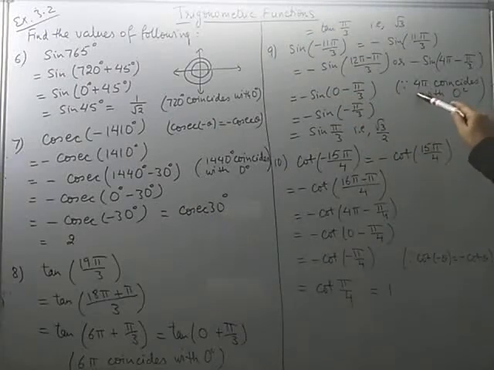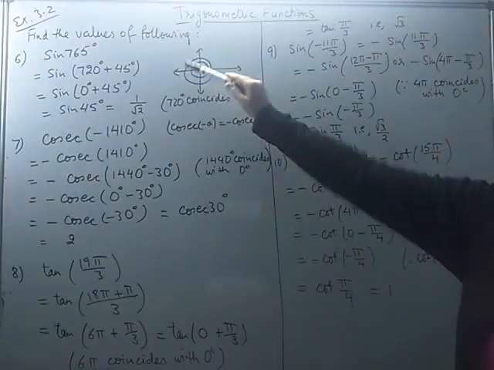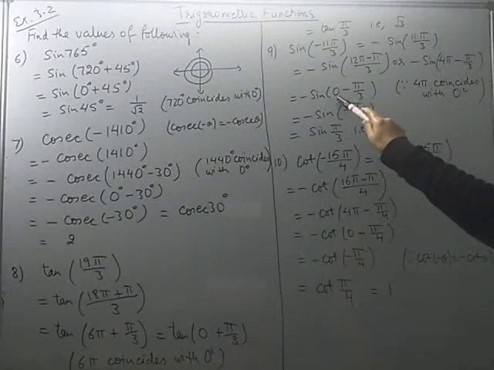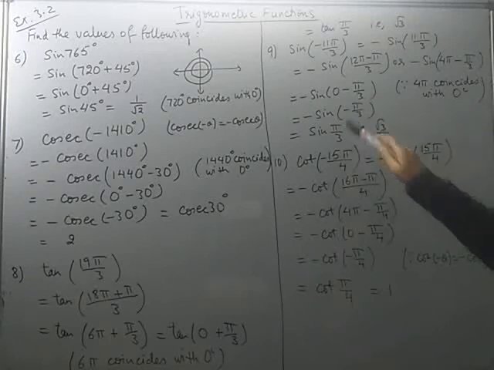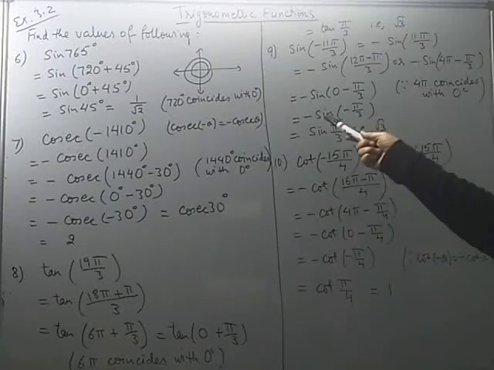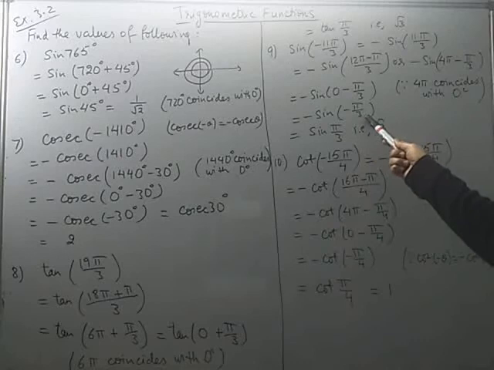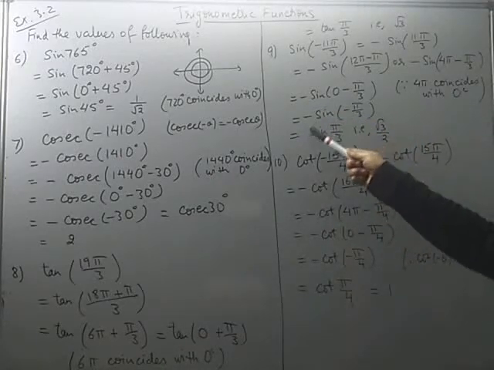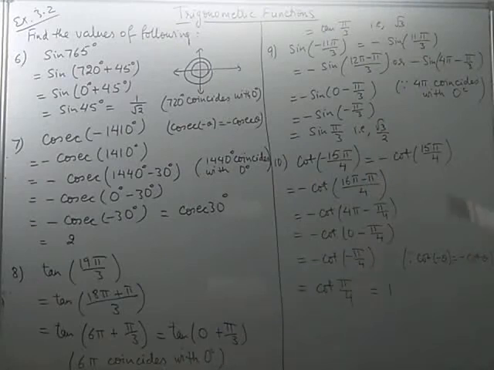So every even multiple is coinciding with 0 radians. Odd multiples will coincide with pi radians. Okay. So 4 pi is coinciding with 0 radians. So this becomes now 0 minus pi by 3, which is minus pi by 3. Again use sine minus theta is minus sine theta. We can take out this minus sign and we are just left with sine pi by 3, which is root 3 by 2.